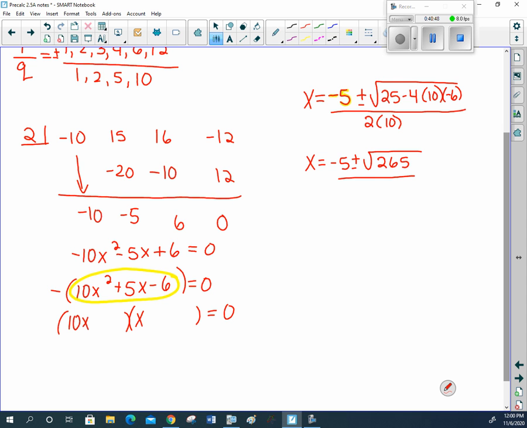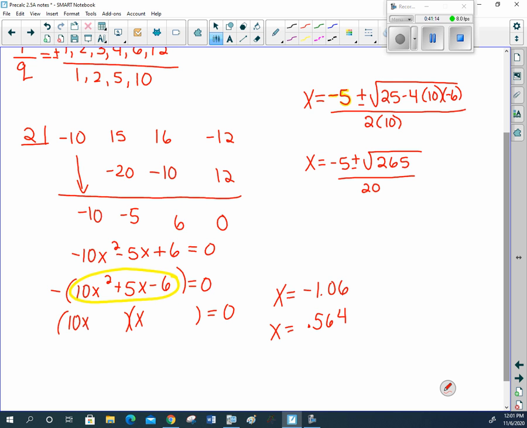265. Okay. So let's actually figure out, you didn't write down your zeros, did you? The decimals that you got on the calculator? You did? Oh, good. What were they? Okay, let's see if we can actually get those decimals with our radical.